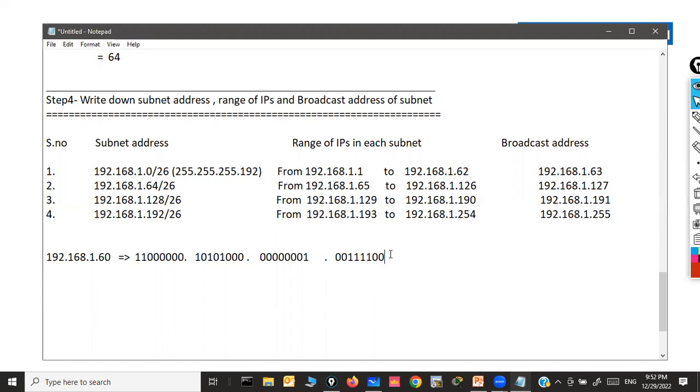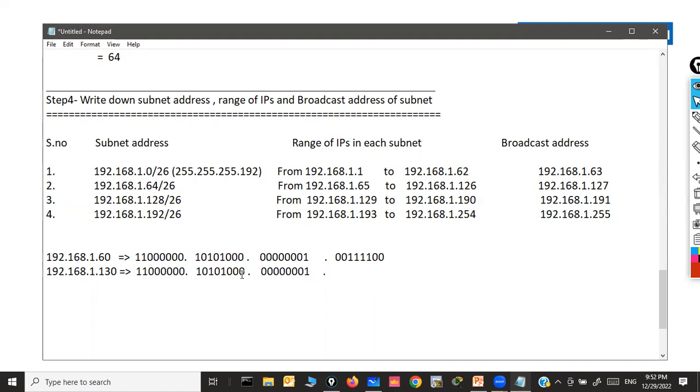So this is 60. Similarly, if I take this IP, let's say 1 dot, or maybe 129 or 130 maybe. So easily now you can do the conversion, and let me copy and paste this number here. Okay.